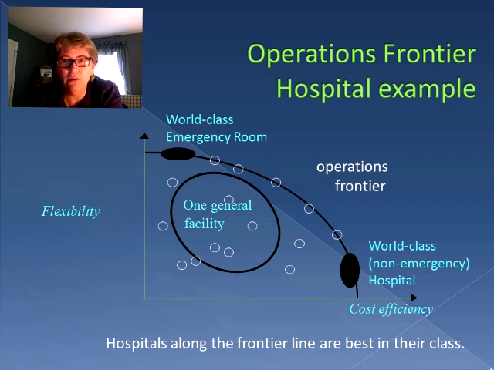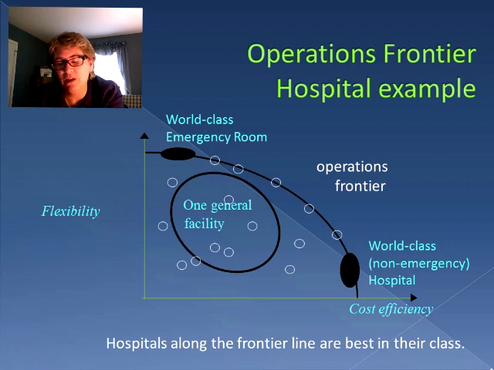So all along that frontier are best-in-class hospitals with varying degrees of flexibility and cost efficiency. If they're inside that frontier, then they know that they need to get better. They have to have an improvement in their processes to make them either more cost efficient or flexible.